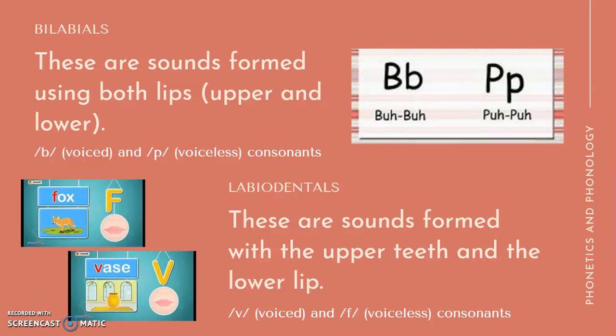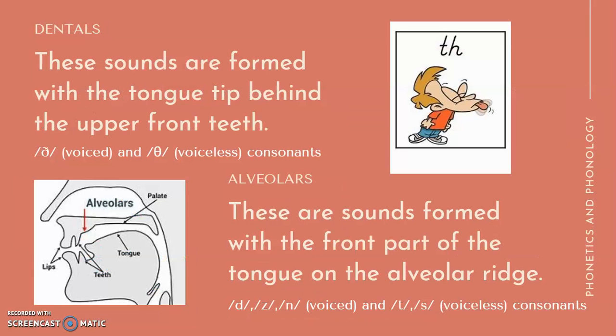They are sounds formed with the upper teeth and the lower lip, such as v, that is voiced, and th, voiceless. Then we have dentals. These sounds are formed with the tongue tip behind the upper front teeth, such as th and th.